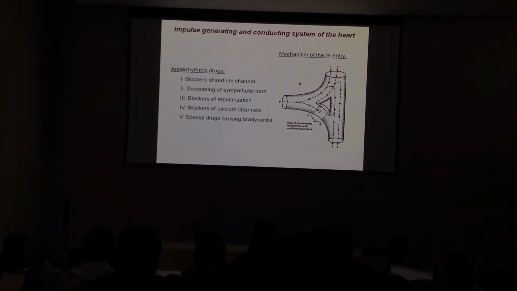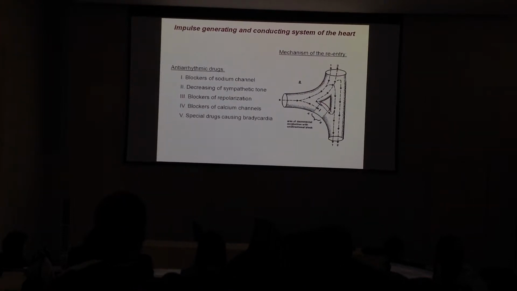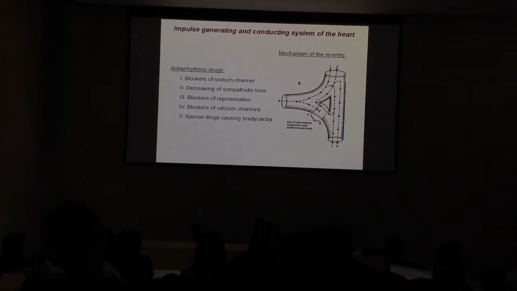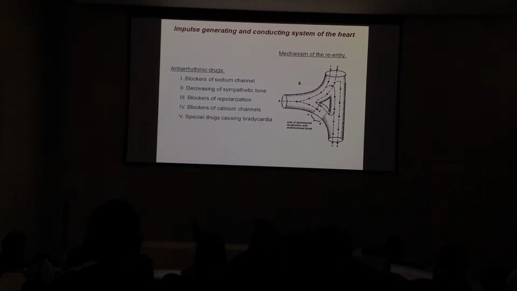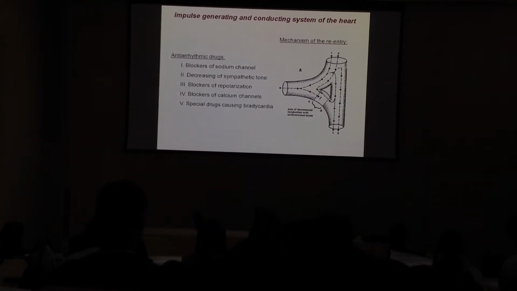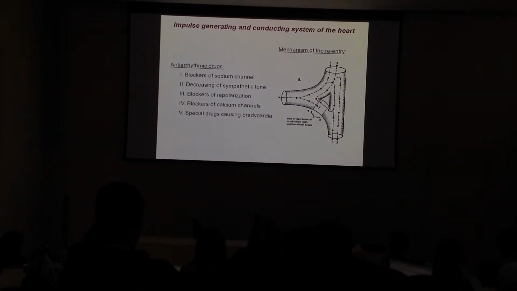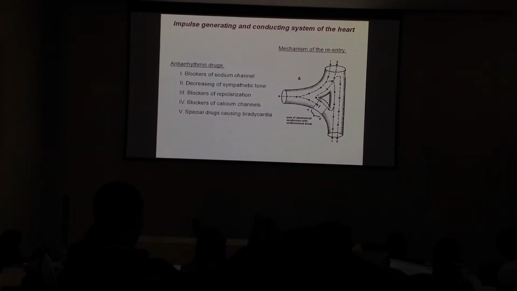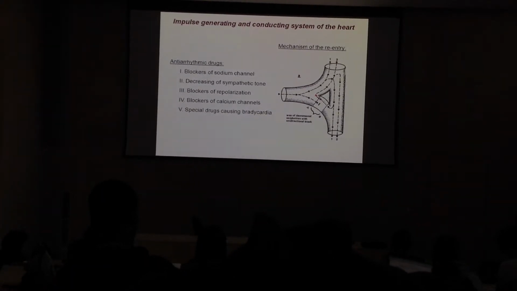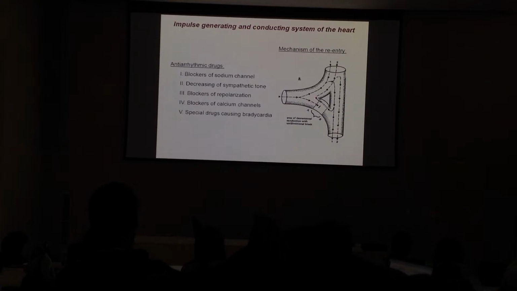And they realized that this re-entry mechanism can cause this pro-arrhythmic effect, because the anti-arrhythmic drugs can decrease the excitability of such an area, which makes that there is a block and there is a much slower crossing around this area for the action potential, and the action potential then enters again here.